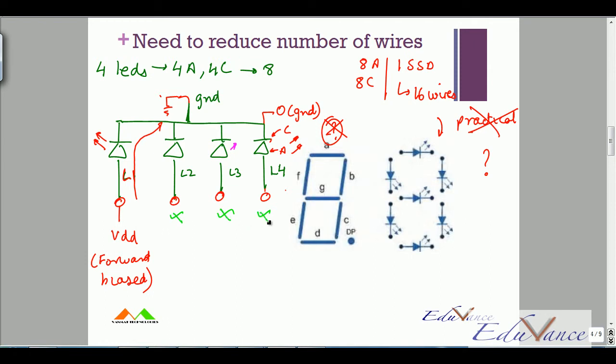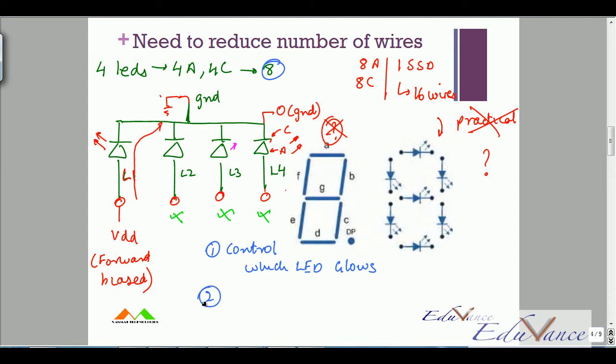So, what did I just achieve? I can control which LED glows. Well, I had that in the previous case as well, which was 8 anodes and 8 cathodes.